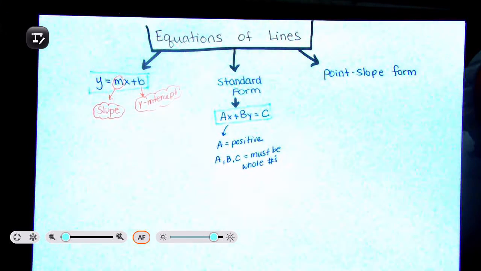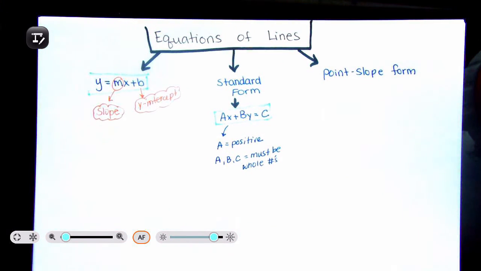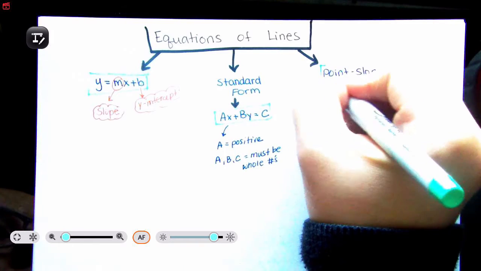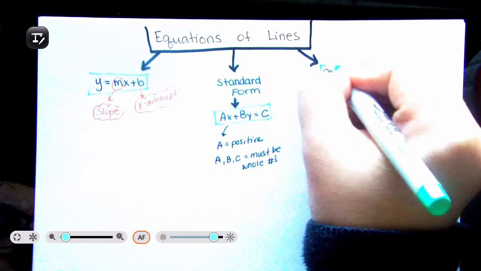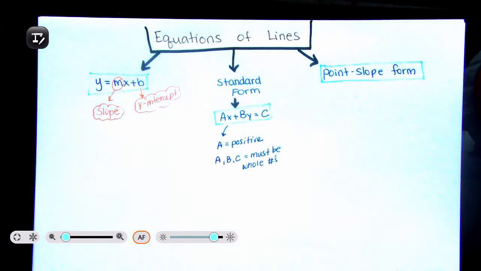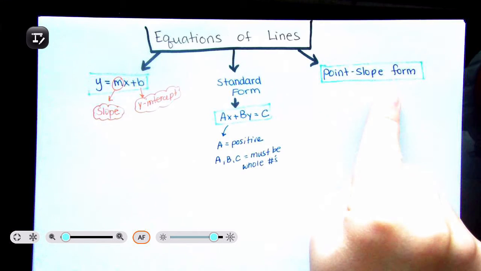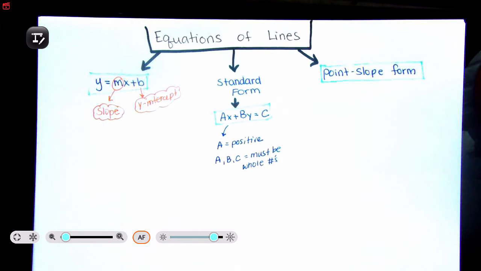And again, if you're in my class, you should know that mathematicians are lazy. We're not very creative at naming things. Sometimes we get creative, but most of the time we don't. For example, point-slope form literally has a point and a slope in the equation. We're not that creative.